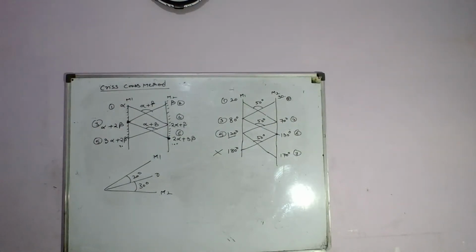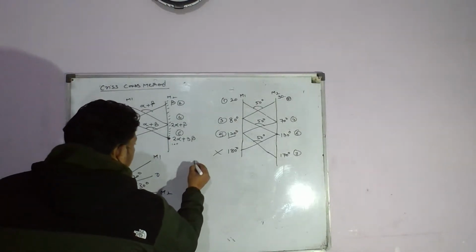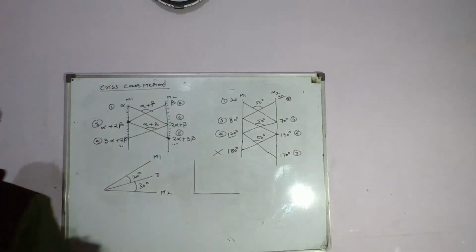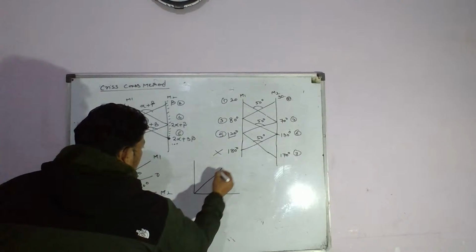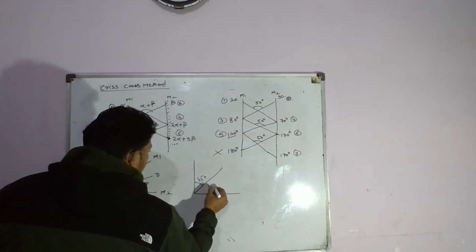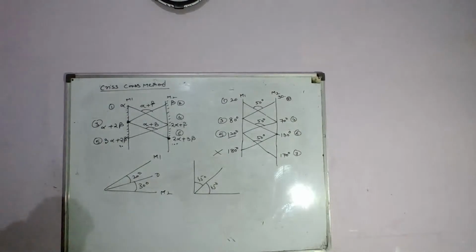Now, the concept of overlapping. Overlapping means, listen, these are two right angles. Meaning this angle is 45, this angle is also 45. Wait 1 minute.